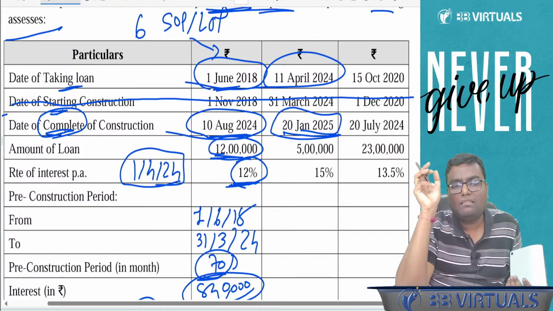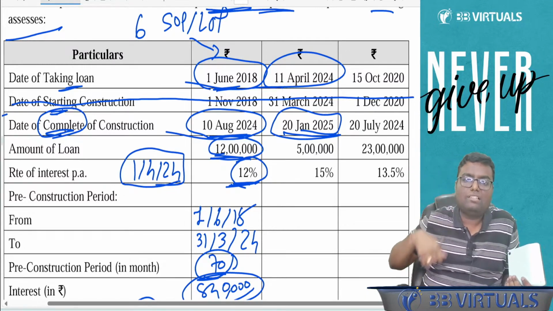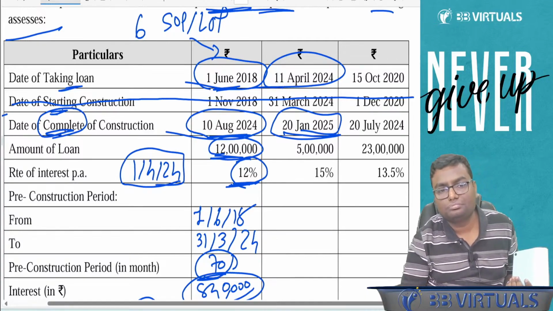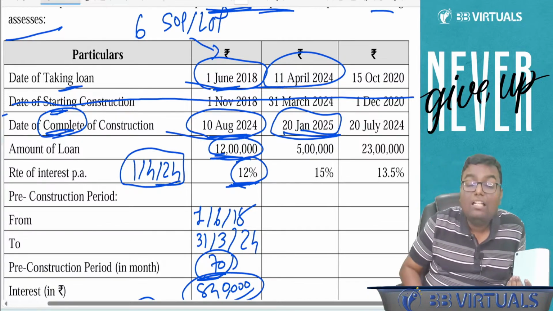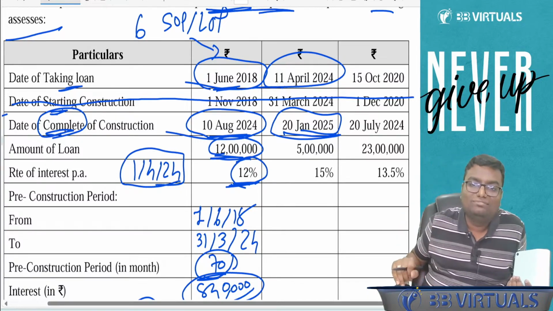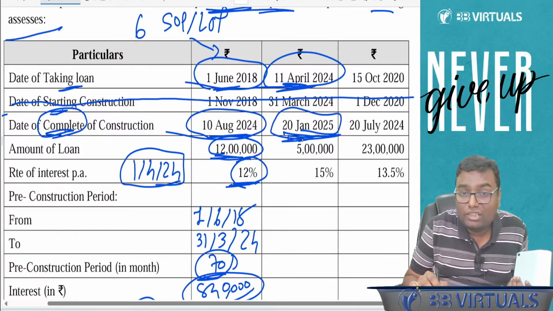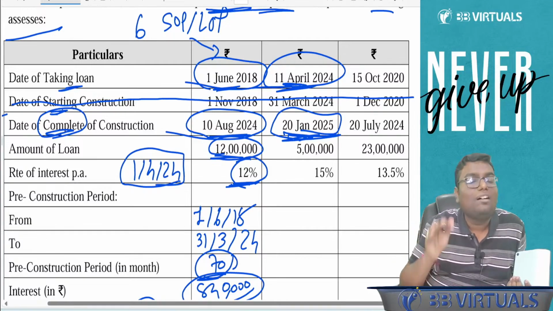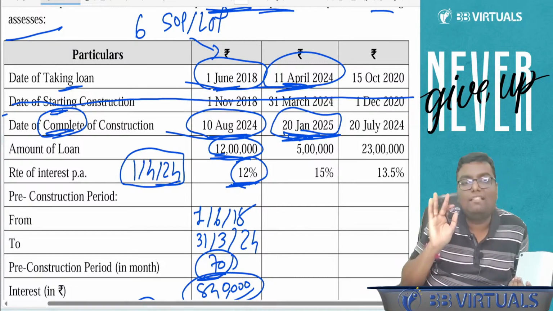For how many months is there a pre-construction period? There is no pre-construction period because the financial year in which the loan is taken is the same financial year in which construction or purchase is completed. And hence there is no pre-construction period over here.